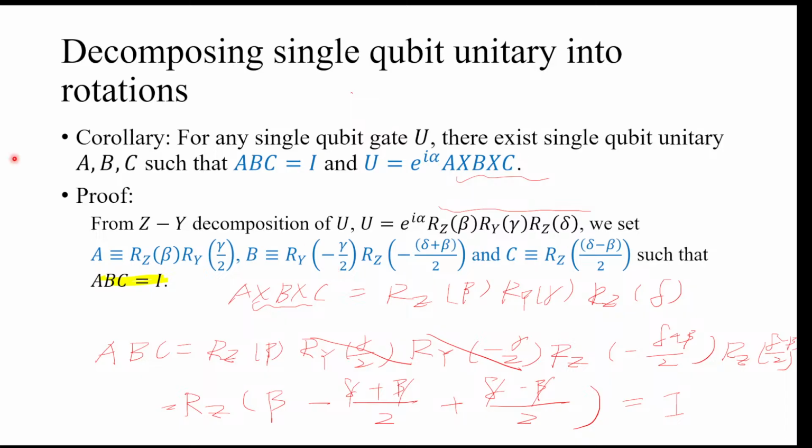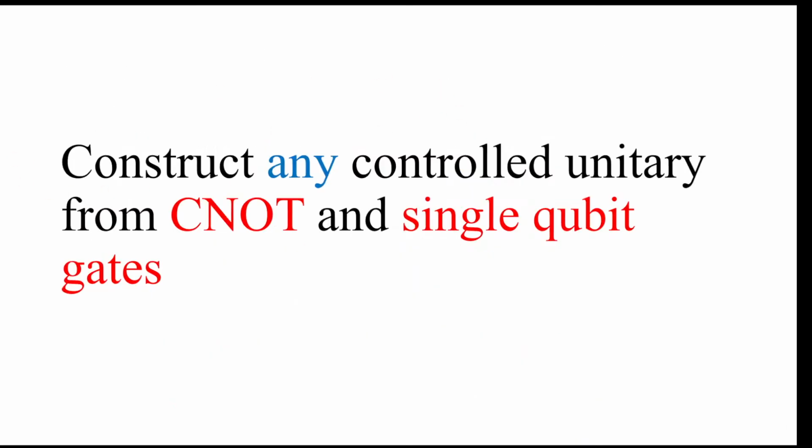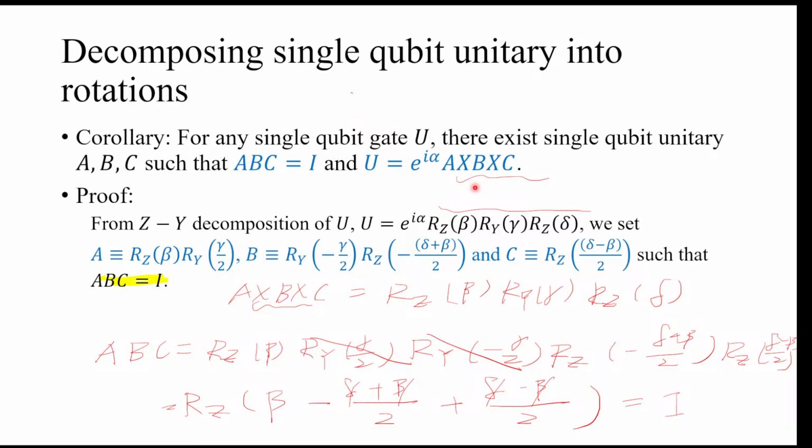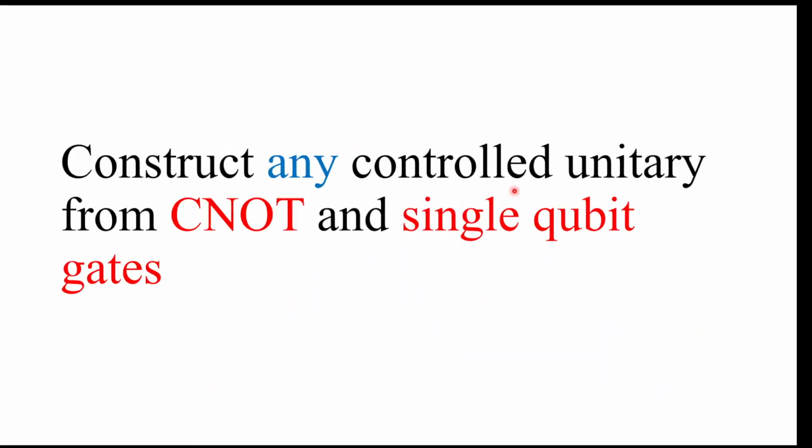So first, we need to prove this corollary. Before we do this controlled unitary, we start with this thing on 1 qubit. So we have U equal to this decomposition, and we want to have another decomposition, where U equals e to the i alpha A X B X C. It's a bit more complicated than this.